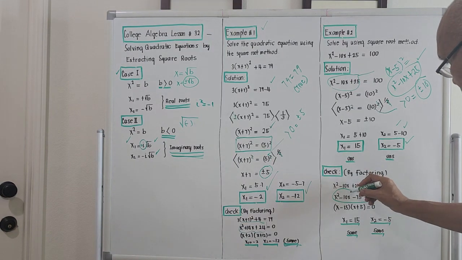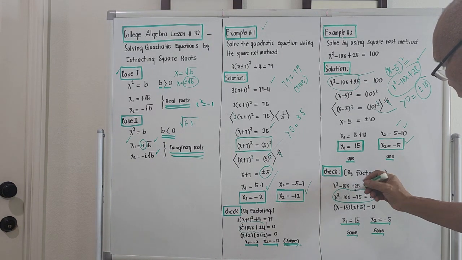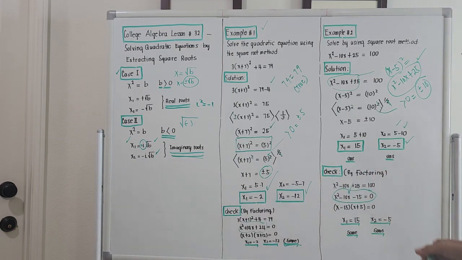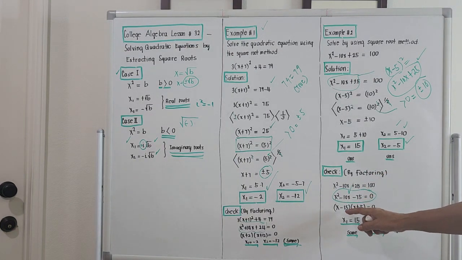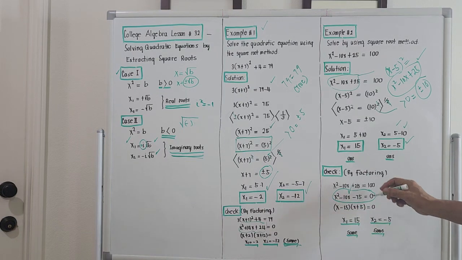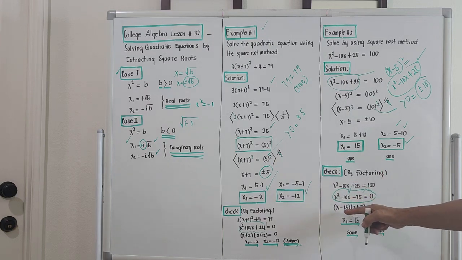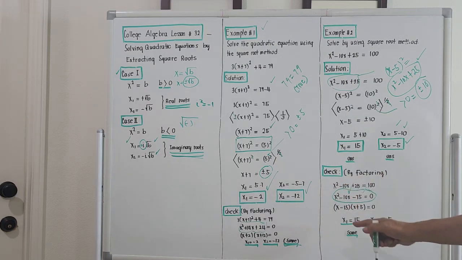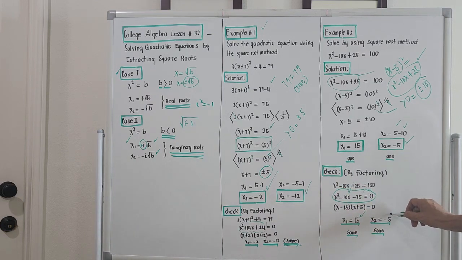So we are correct for the 15 to be negative and the 5 to be positive. Negative 15 times 5 is negative 75, and the middle term is negative 10x with these two signs. So by equating the first factor to 0, x1 will be 15 and x2 will be negative 5. Same.